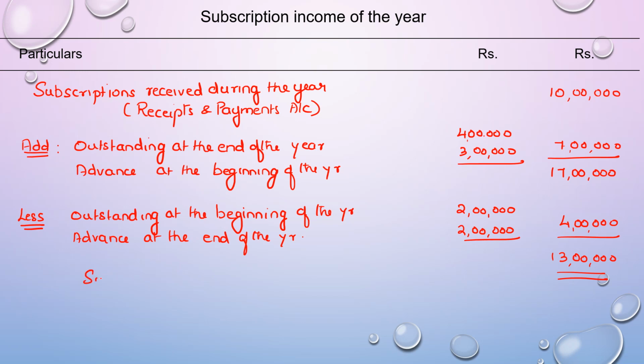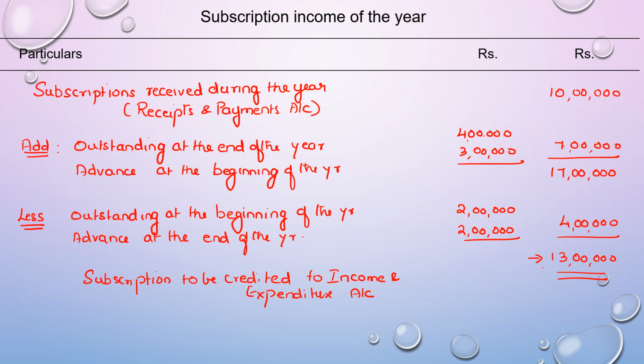So subscriptions to be credited to income and expenditure account is 13 lakh.